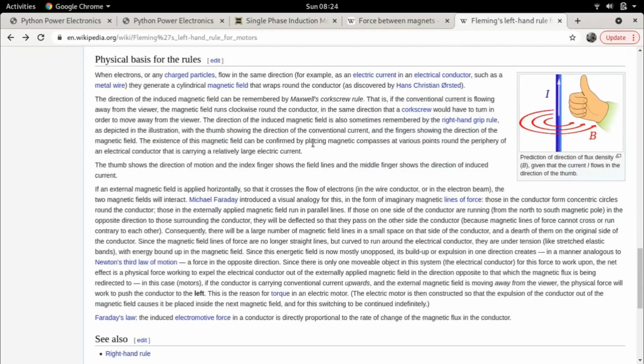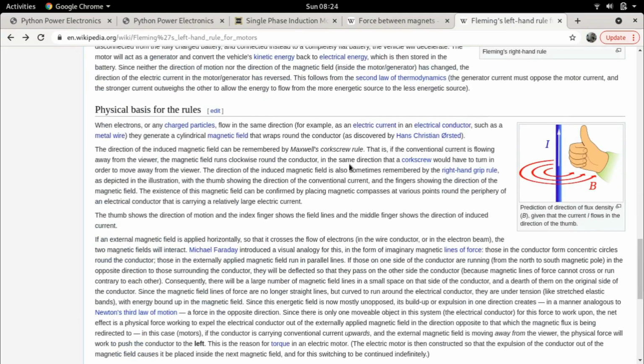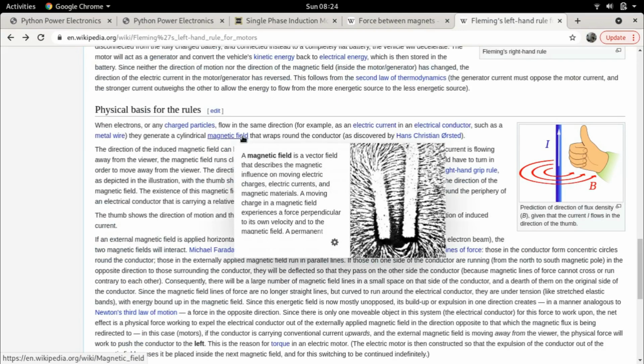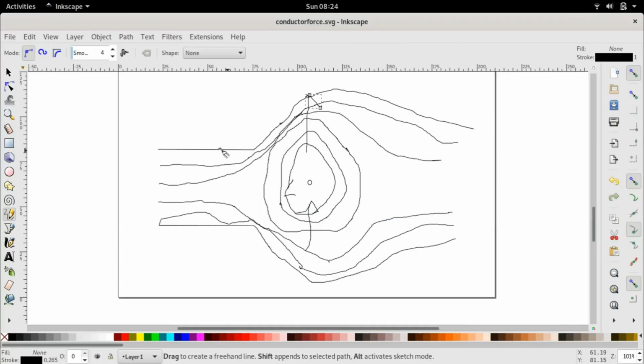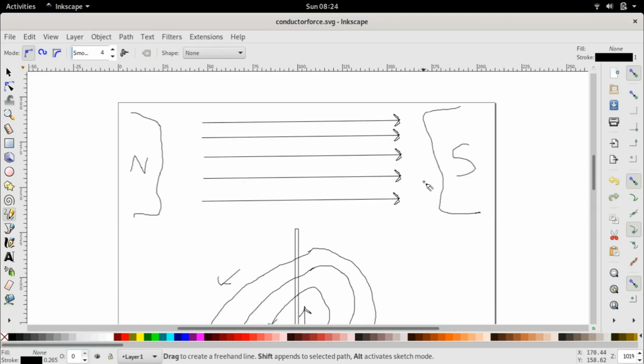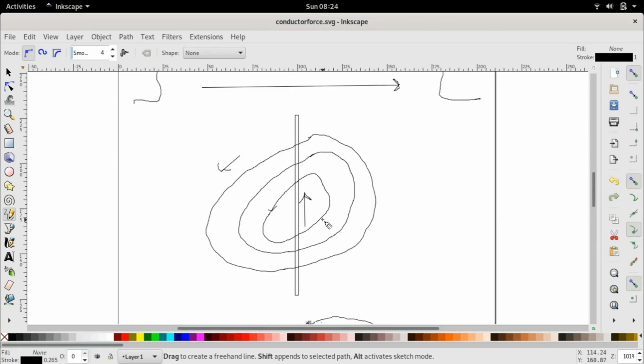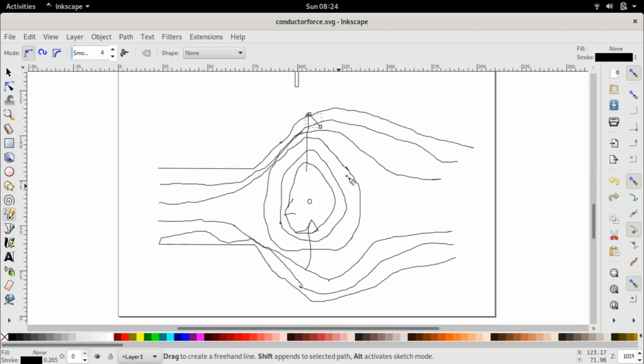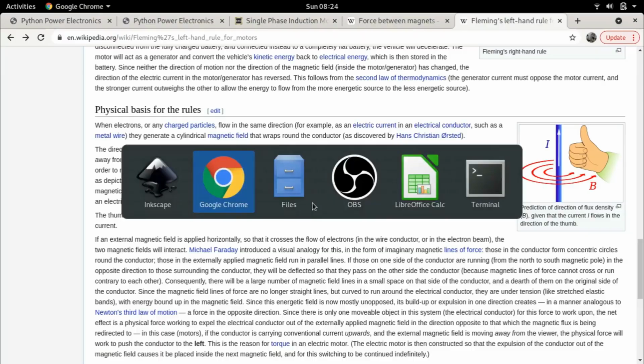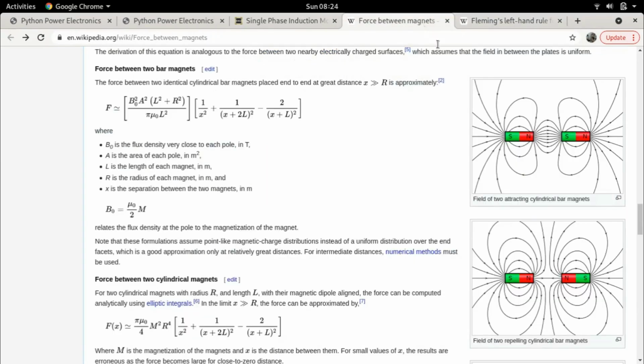And you can see there is a physical basis too. You can read it here. The physical basis is the same as what we talked about in our magnetic flux diagram, that it is due to the interaction between two magnetic lines of force, right? When you have one set of magnetic lines of force and you have another set of magnetic lines of force, these two will interact, and this interaction produces the force, just as we saw the force being produced due to two simple magnets.